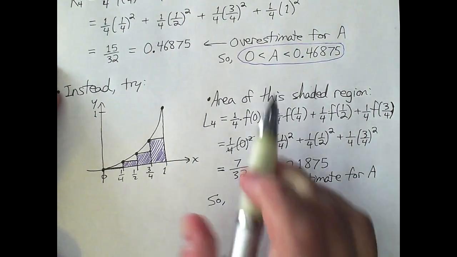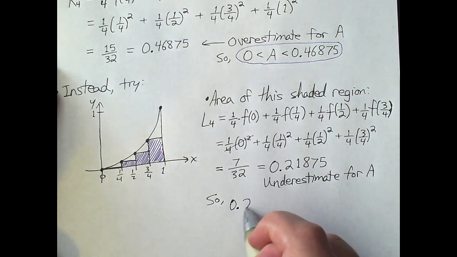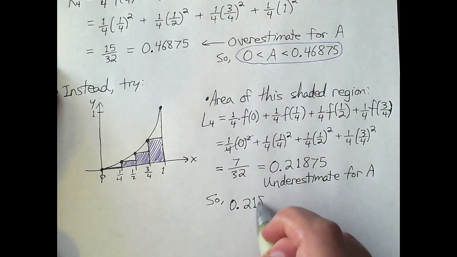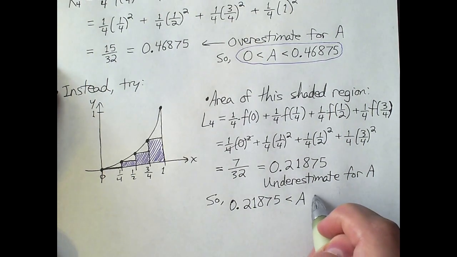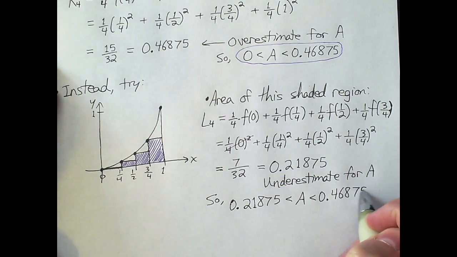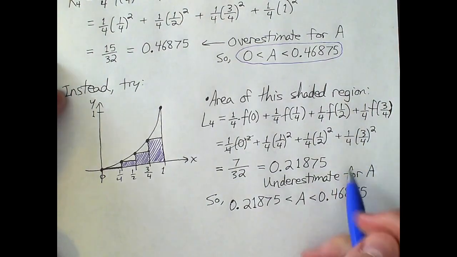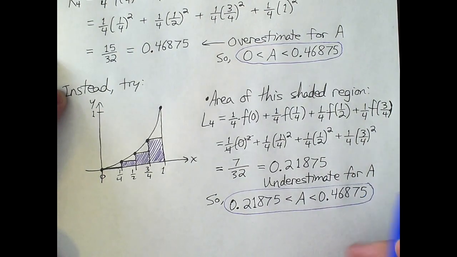So combining that with what we said above, we could definitively say that 0.21875 is less than A, and A is less than 0.46875. We're trying to estimate A, and we've figured out that it must be somewhere between these two numbers.